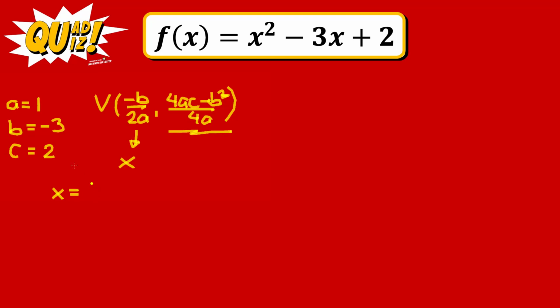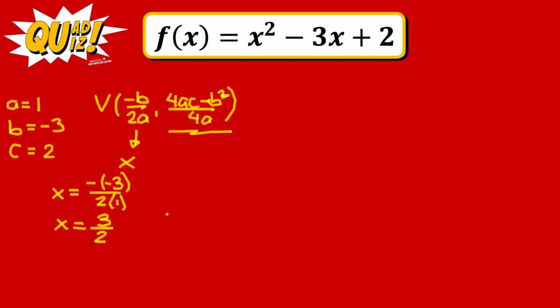Take note that our b is already negative, so this would mean negative of -3 over 2 times 1. So this would mean we have here the result for x, the double negative property of our numerator, so positive 3 over 2 or positive 3 halves.